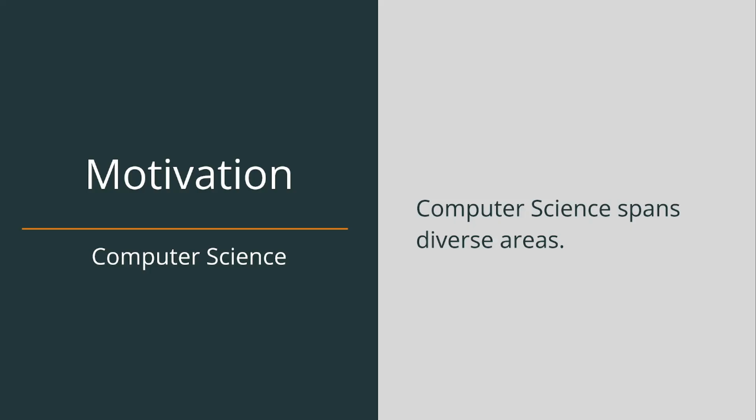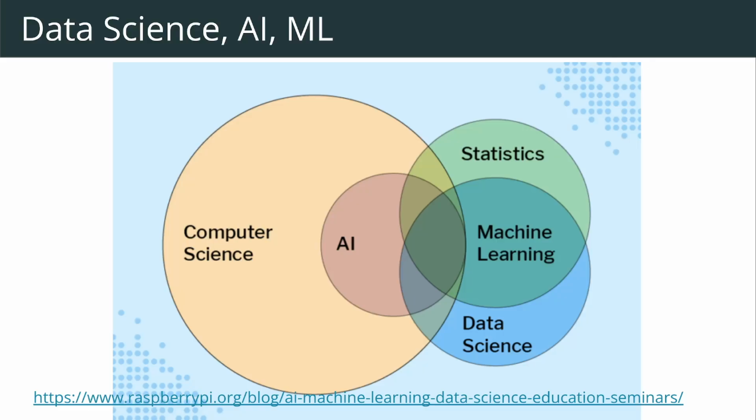So I'm just going to cover a few of them. Nowadays, data science is kind of a trendy topic. AI, actually, is a very trendy topic nowadays. This diagram will show the overlaps between them. Here we are studying computer science, so we're going to be touching a bit of each of these things.